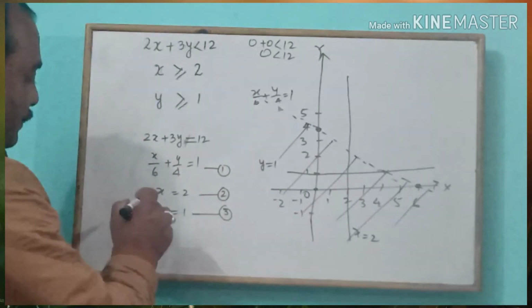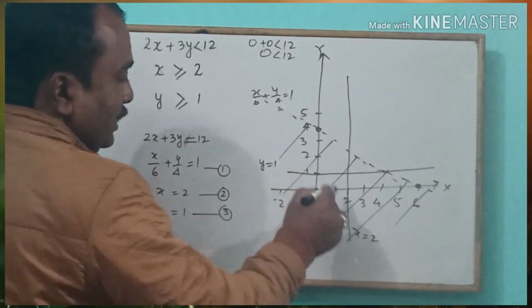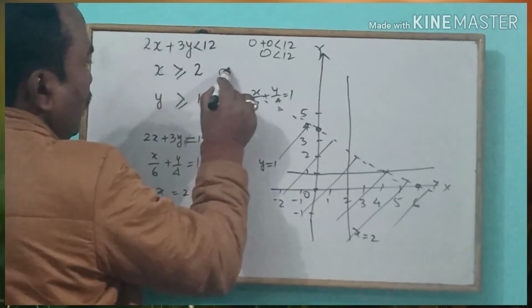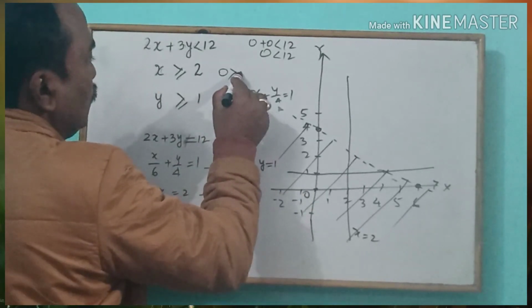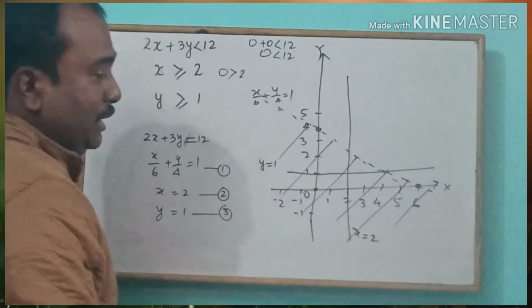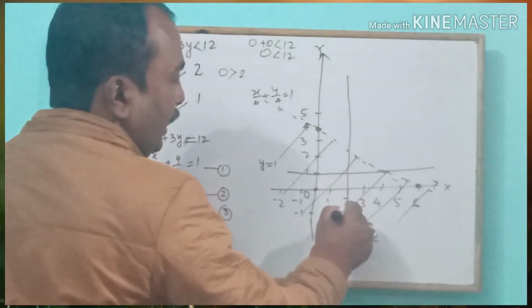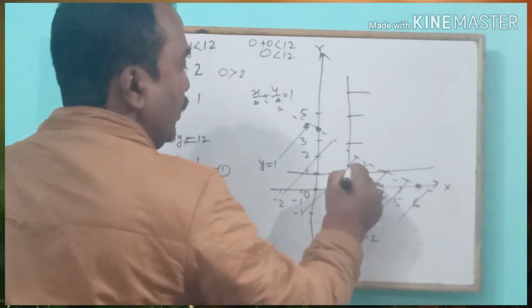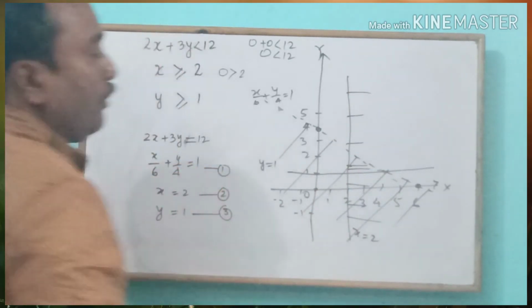Clear? Second, x is greater than or equal to 2. This is the line. If I take the point 0 and put it here, 0 greater than or equal to 2 is a false statement. So we shade it away from the line.